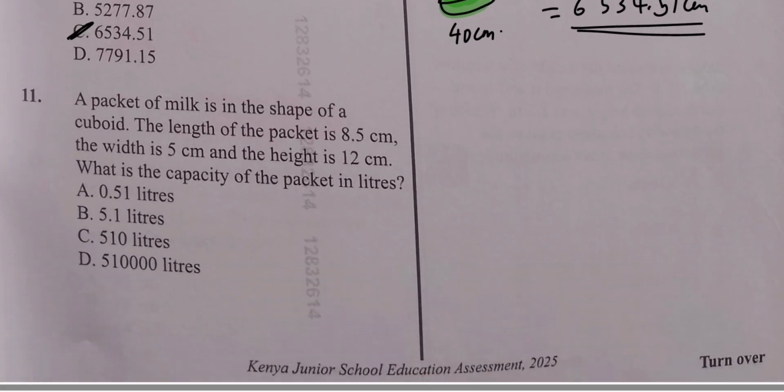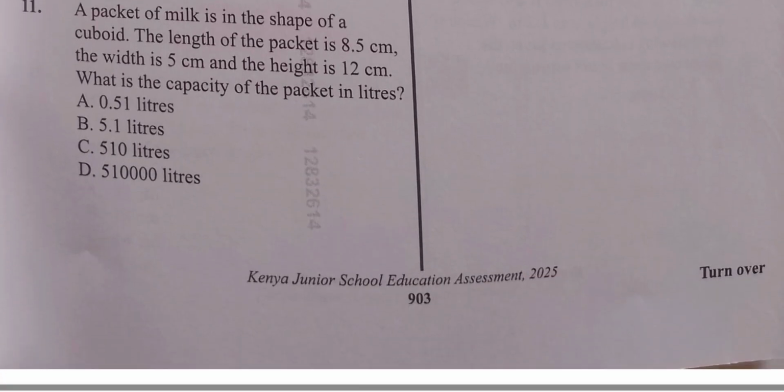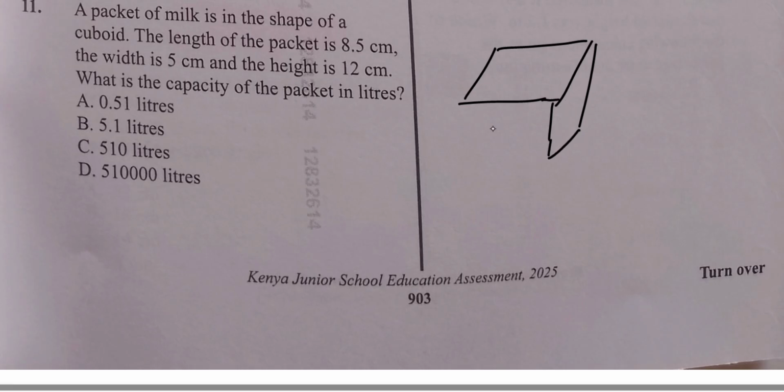Okay. Question 11. A packet of milk is in the shape of a cuboid. The length of the packet is 8.5 centimeter, the width is 5 centimeter, and the height is 12 centimeters. So you have a cuboid like this, where the length is 8.5, the width is 5 centimeter, and the height is 12 centimeter.